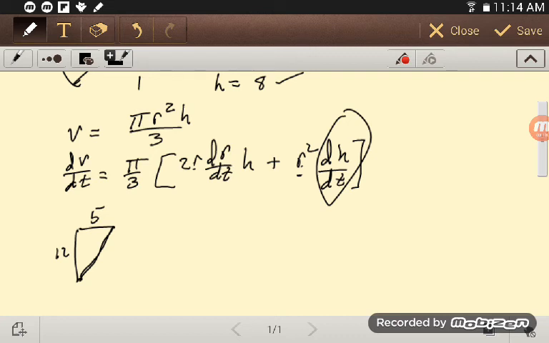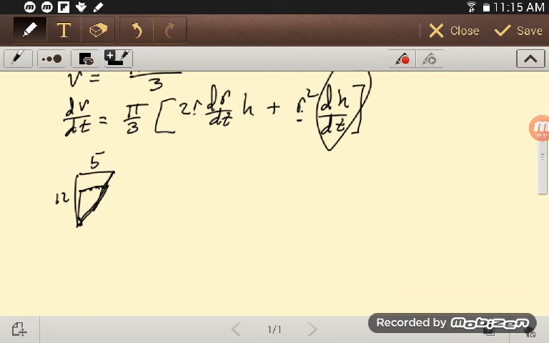So our radius at the top is 5, the height of the cone is 12, and any other radius and h give a similar triangle. The tangent of theta is 5 over 12, and tangent of theta is the radius over the height.